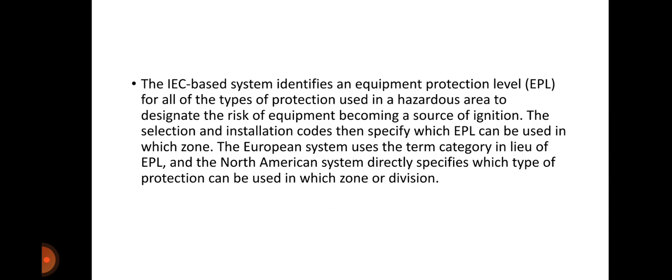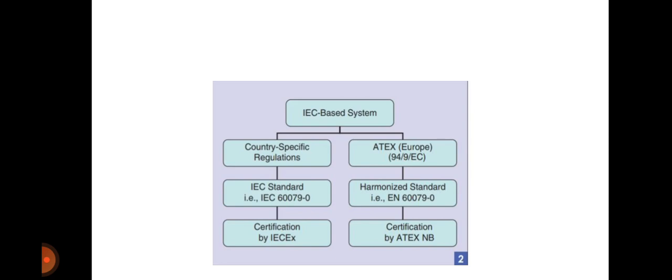The European system uses the term category in lieu of EPL, and the North American system directly specifies which type of protection can be used in which zone or division. Here in this picture we can see the IEC based system: country specific regulations, ATEX Europe 94/9/EC, IEC standards IEC 60079-0, harmonized standard EN 60079-0, certification by IECEx, certification by ATEX.